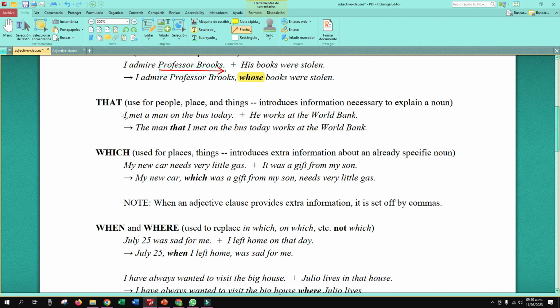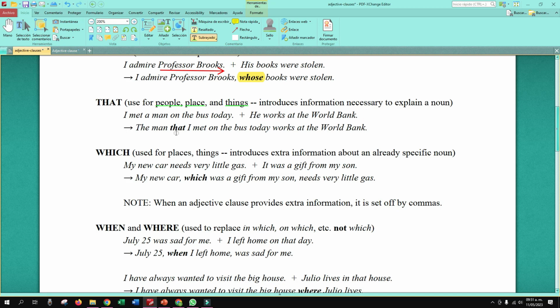Also, that is used for people, places, and things, and introduces information necessary to explain a noun, right? So look at this one. That is for people, places, and also for things. So that is very useful, right? I met a man on the bus today. He works at the World Bank.